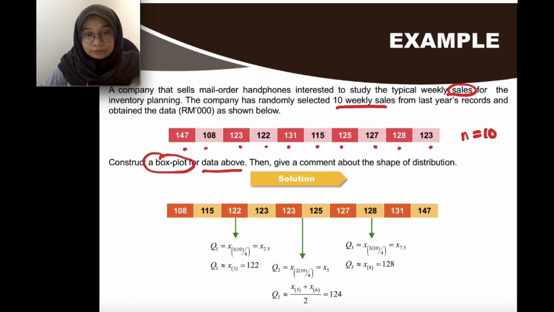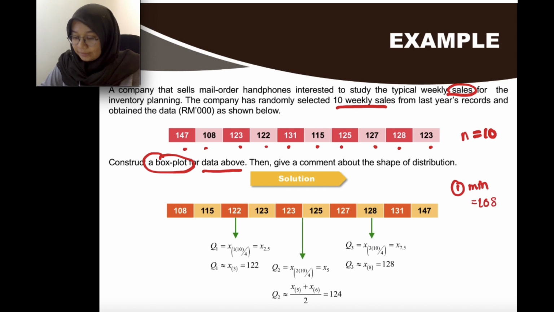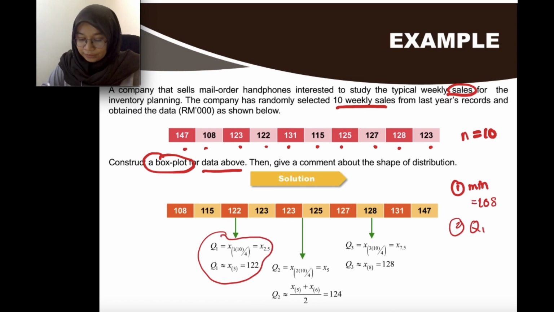So if you want to construct a box plot, first you must have your minimum value. So what is the minimum value here? The smallest data here is 108. And step number 2, find Q1. So this is the step to find Q1. Q1 is 122. And then step number 3, find Q2.